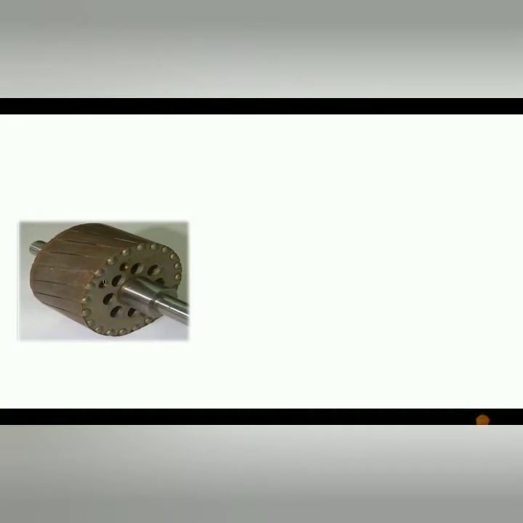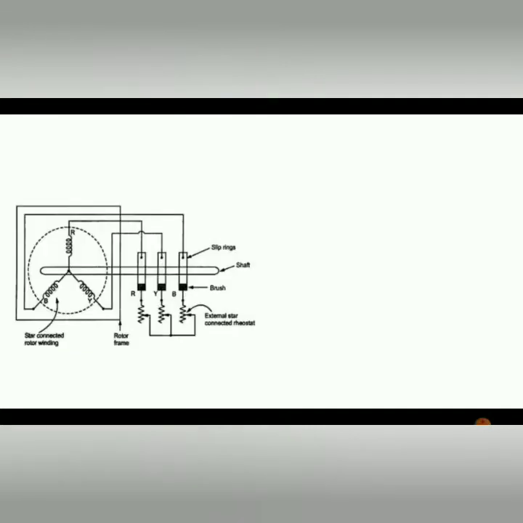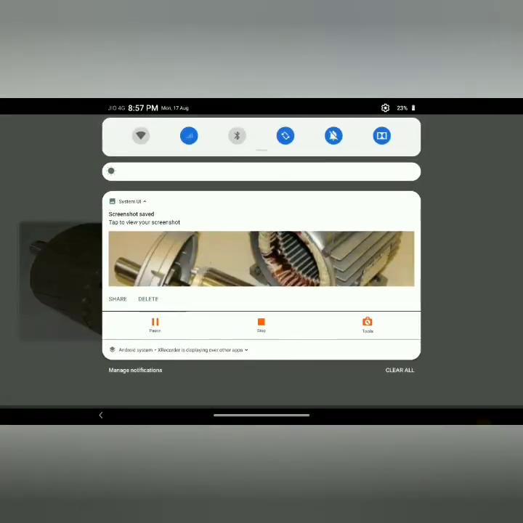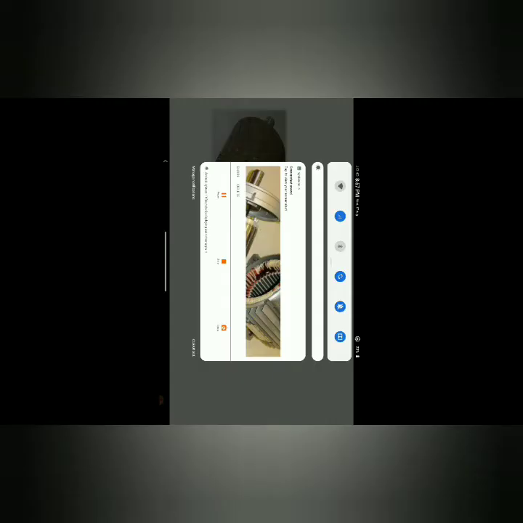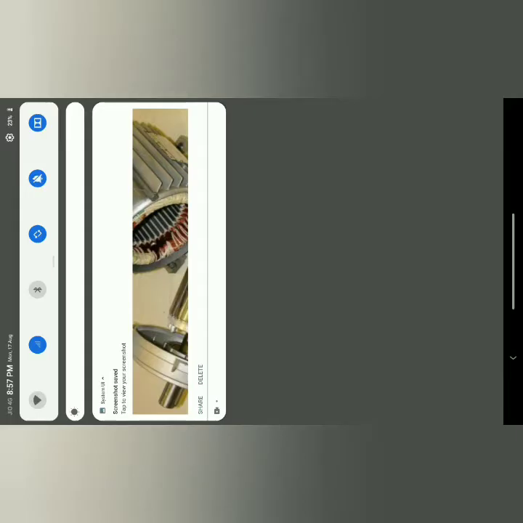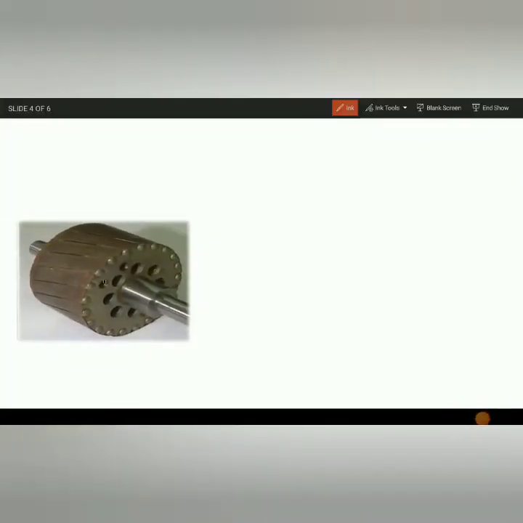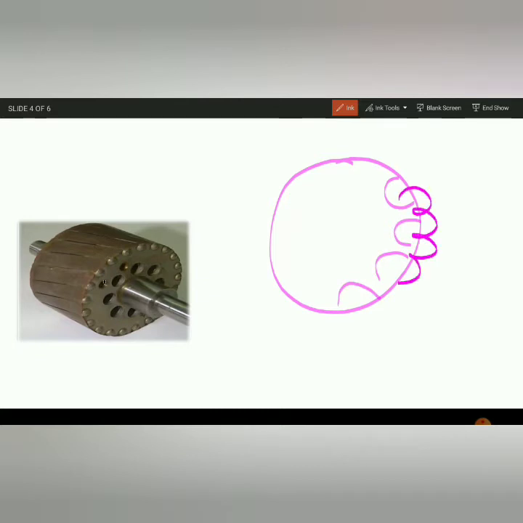The next one we are going to see is the rotor construction. The rotor construction also consists of slots only. So it will have slots like this, but instead of having a winding like a stator, we have something different here.